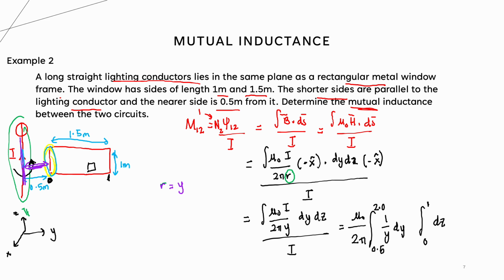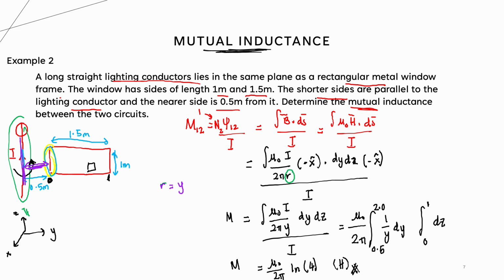If you further calculate, you are able to get the value of M for the mutual inductance. It will be mu naught over 2 pi ln 4 Henry. Alright, so this is basically what mutual inductance is all about.